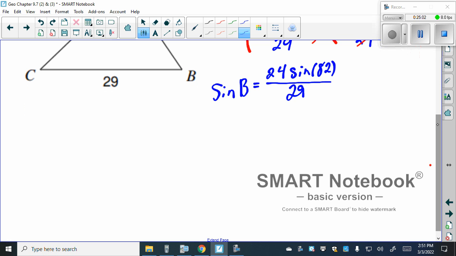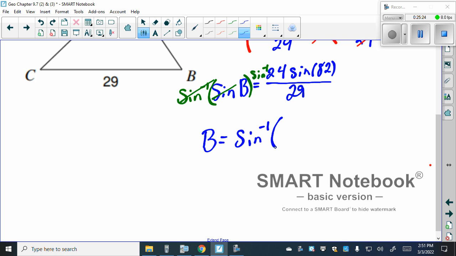Now, unfortunately, at this point the angle isn't by itself because we have sine of B. We did go over a method to get the angle by itself, and that's using our sine inverse, because sine inverse and sine of B simplify out, leaving us with B is equal to sine inverse of 24 sine of 82 over 29. We have to apply sine inverse to both sides.